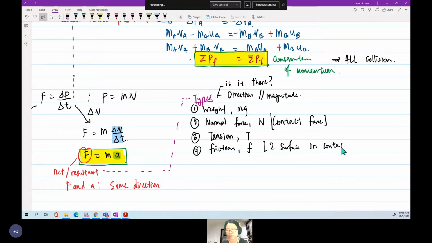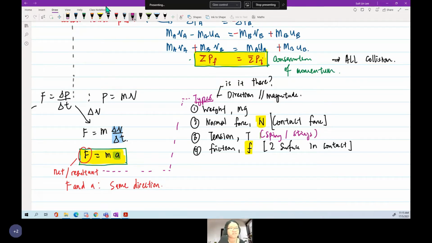So again, if you study mechanics by now, friction is equal to mu N, or basically these two exist in pairs, unless the surface is smooth. If the surface is smooth, then okay, no problem. All right, so this tension is normally in springs or strings.